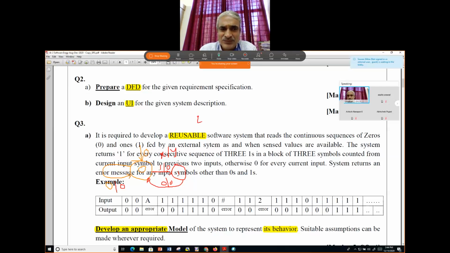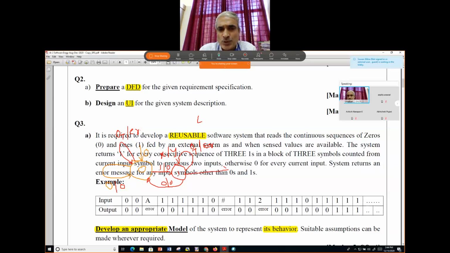Anything other than this, you can write a symbol, you can use OT as other, anything other than 0 or 1, it will display error, ER in short, and continue to remain in the same state. That is applicable for all edges. Any other symbol, you get an error, you indicate it is an error, writing an error.